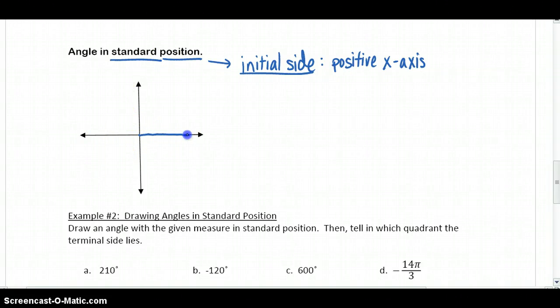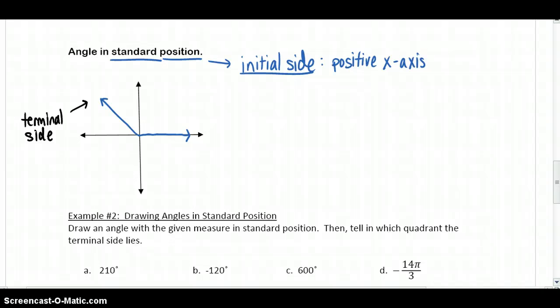So my initial side should be right there on the positive x-axis. Then we'll also have a terminal side wherever the angle is. This side right here, for example, would be my terminal side. And in case you didn't know, terminal means ending, right? So it's where our angle ends. That makes sense.